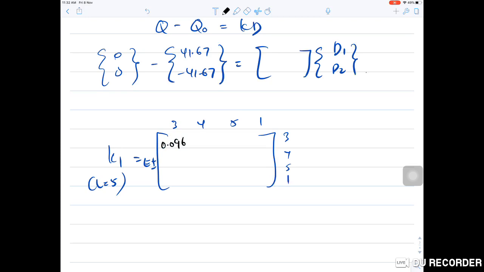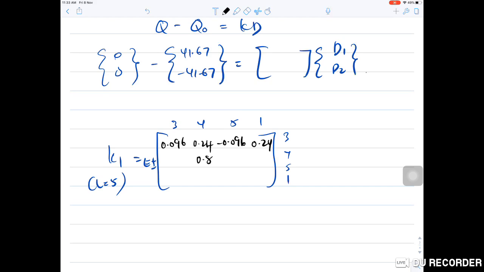The second value is 6 divided by L square, which is 0.24. This one again is the same, then negative 0.096, 0.24. The next value is 4 divided by 5, which is 0.8.